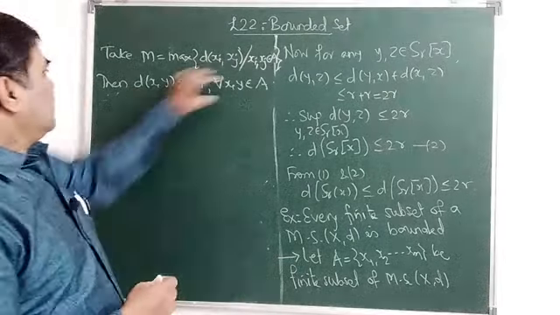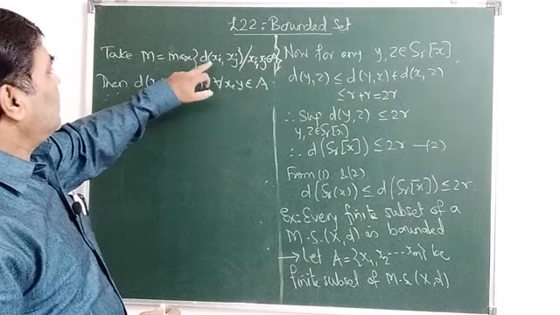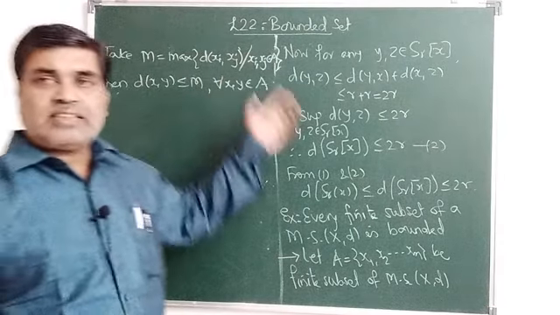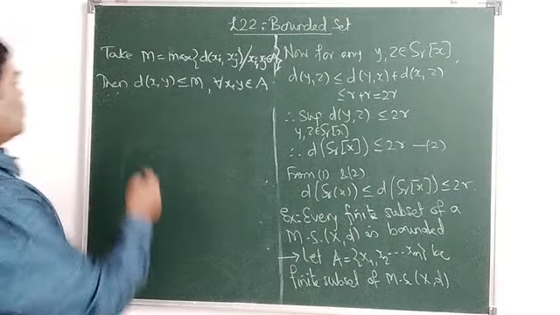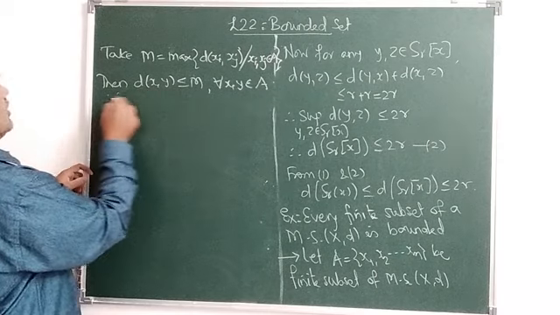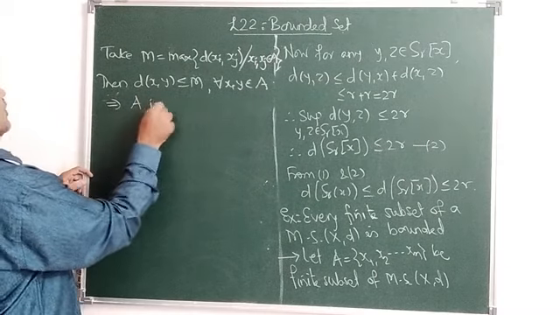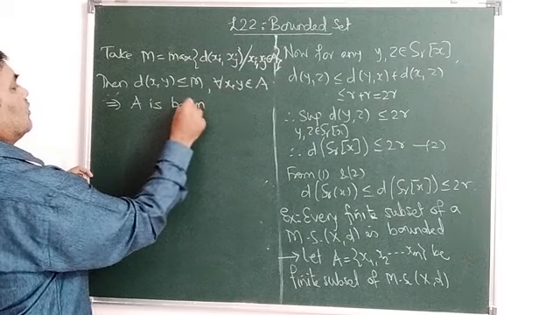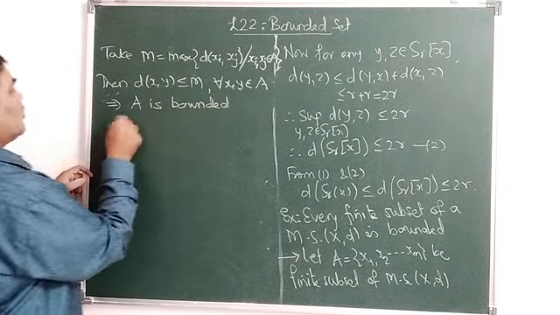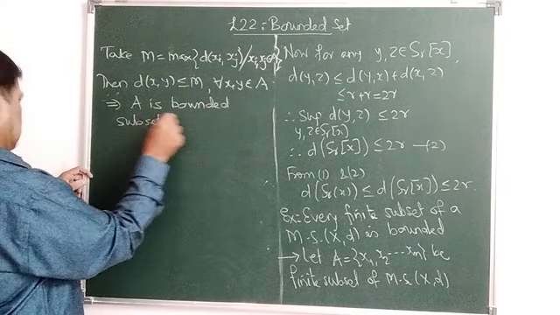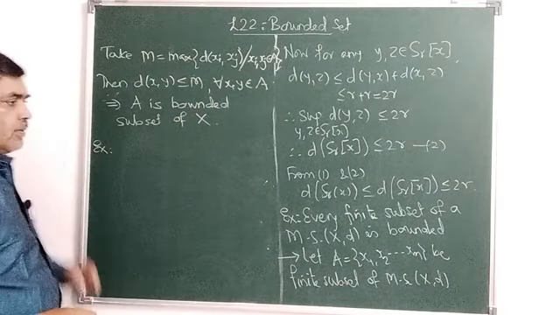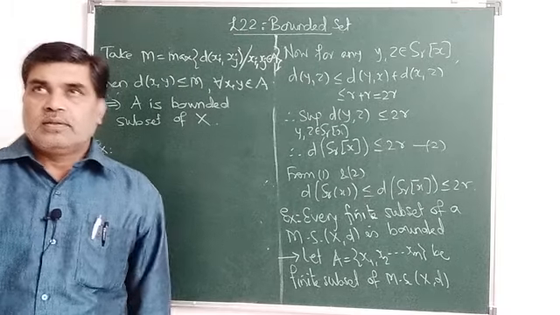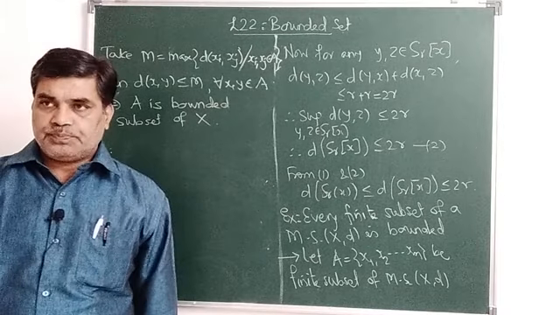Among that, I am taking M to be the maximum distance. As it is a finite set, the maximum exists. It is not necessary to take the supremum. So this implies A is a bounded subset of X. Right? Too simple. Now we'll take the next example.